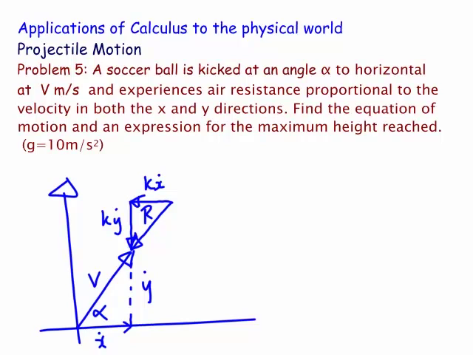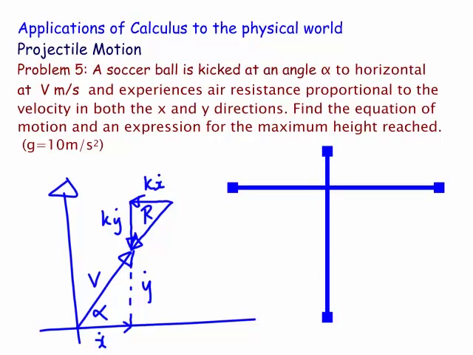Now these are going to be a bit more complicated now. So what about the y? What's happening in the y direction and the x? Well, now y double dot.